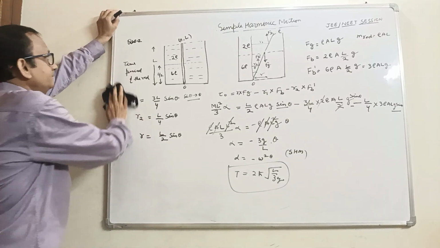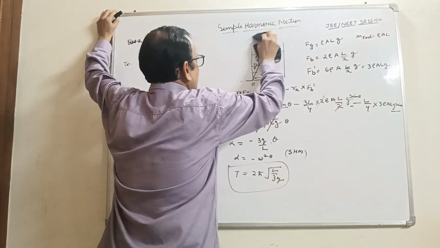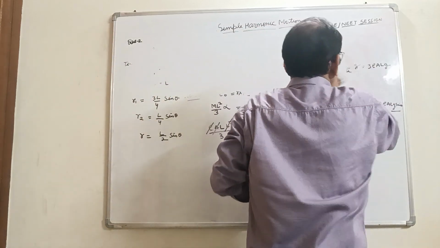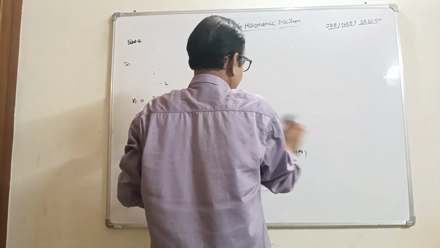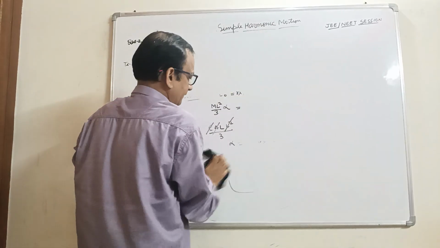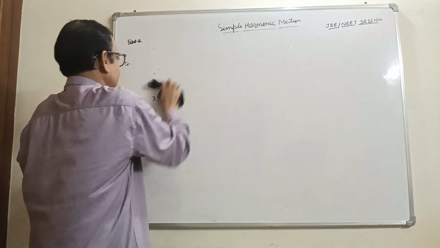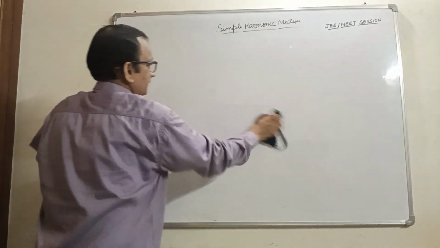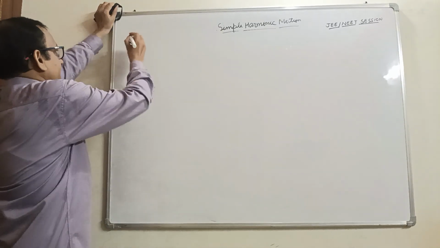Another problem: in this problem, a spring-mass system is given, and a bullet strikes it. Initially the spring-mass system is at rest, and the bullet strikes the mass and embeds in it.